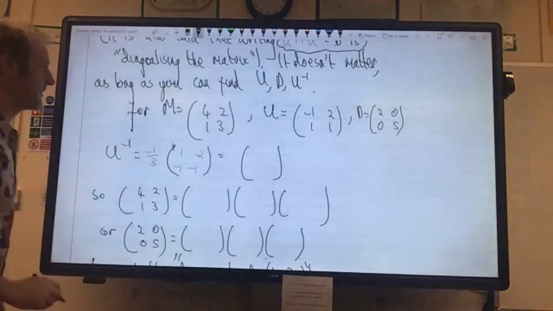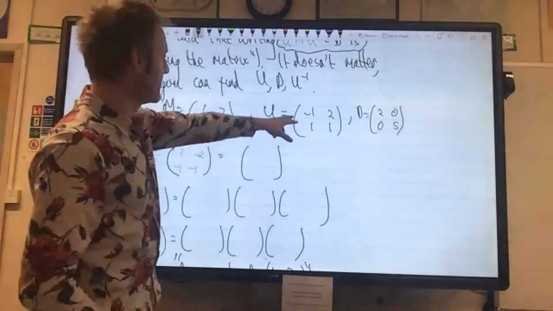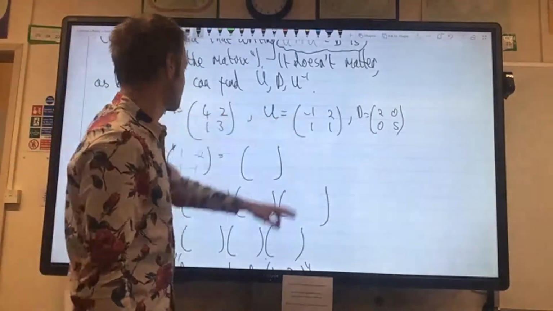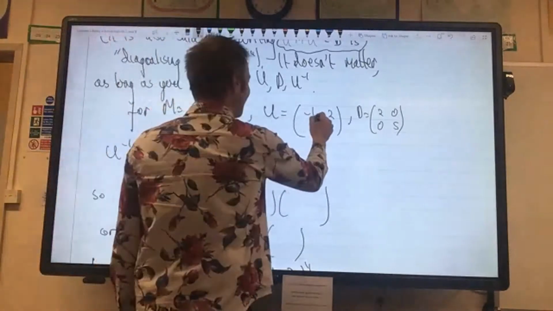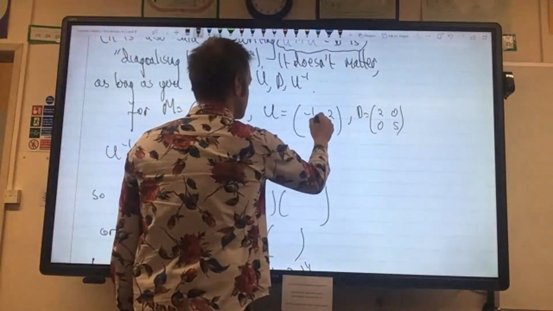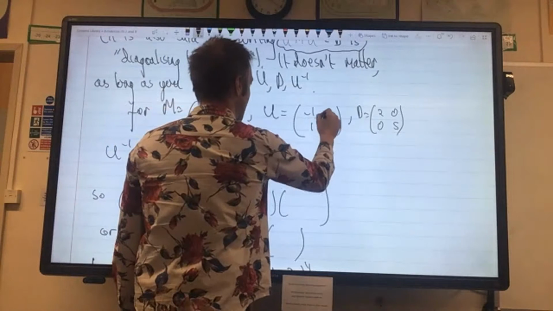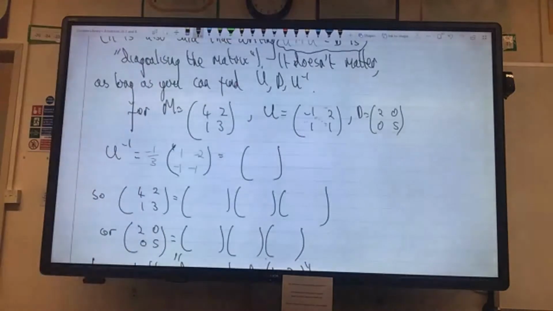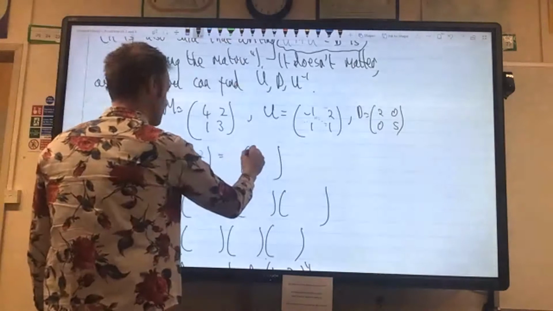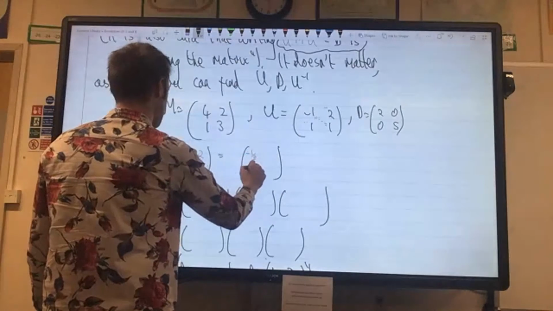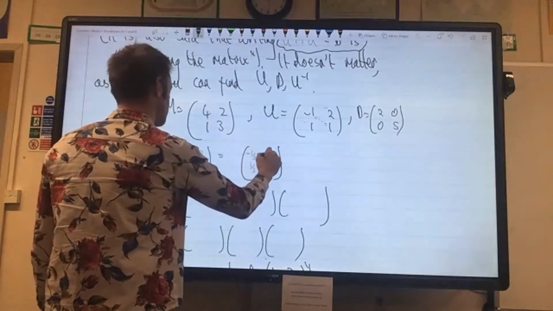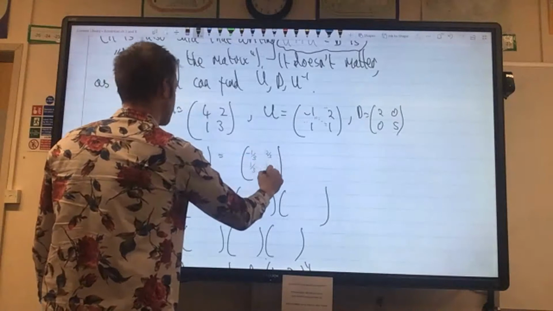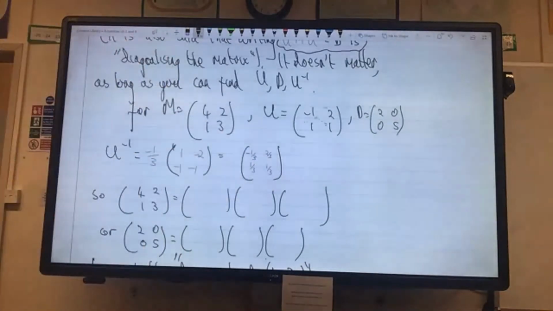Okay, so actually, it's a kind of annoying example because it looks like I've changed the signs. I've swapped those two, and I've changed the sign of those two. That's how you find the inverse. So we'll just check: minus a third, 2/3, 1/3. I do expect you to be able to do that.